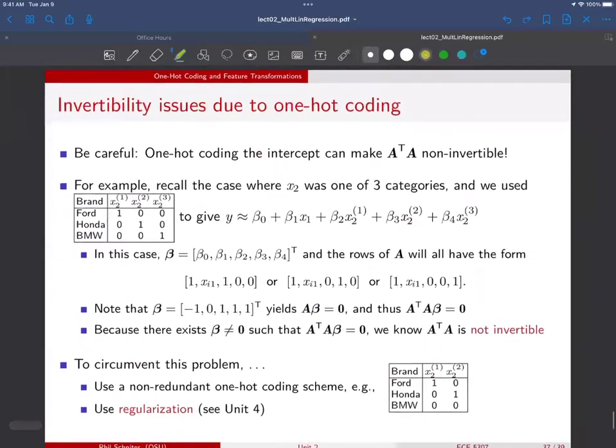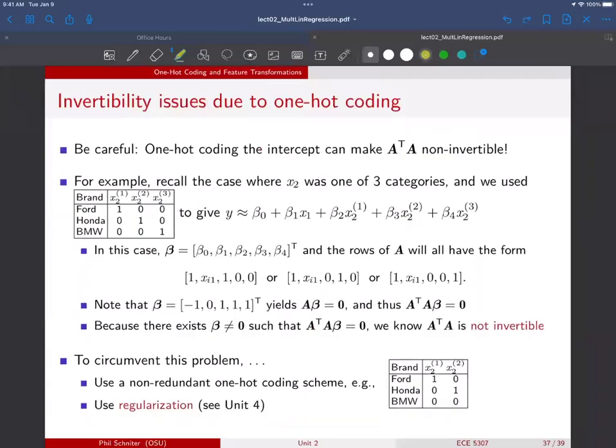Now there is a bit of an issue with what I said. One-hot coding the intercept can make this matrix A transpose A non-invertible. And that's the matrix that we said needs to be invertible to compute our least squares solution, at least in the typical way. Let me explain now why this is.